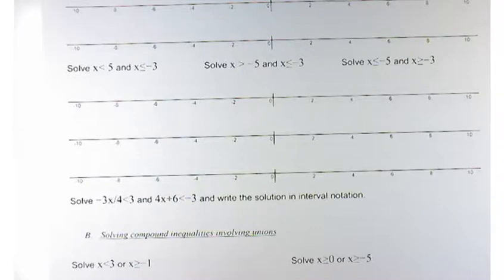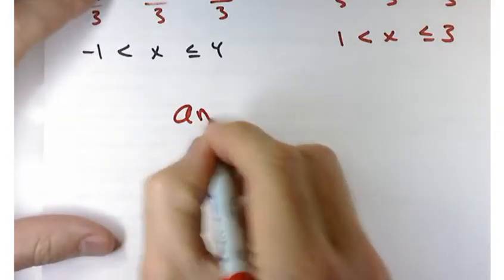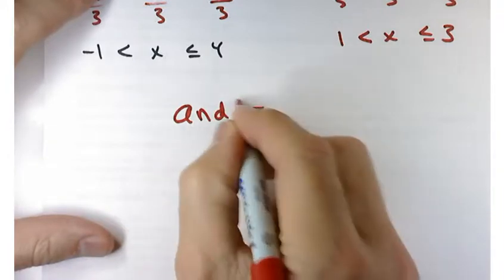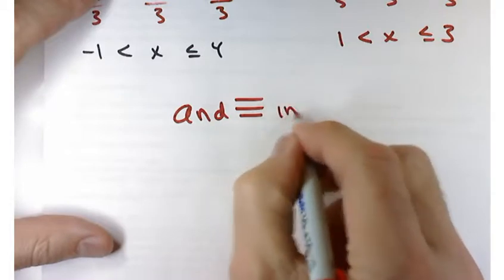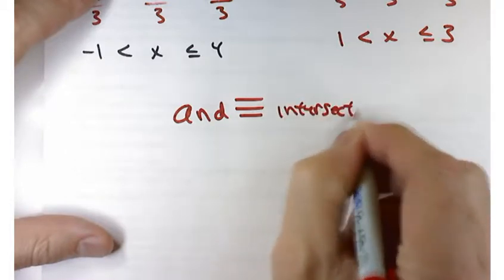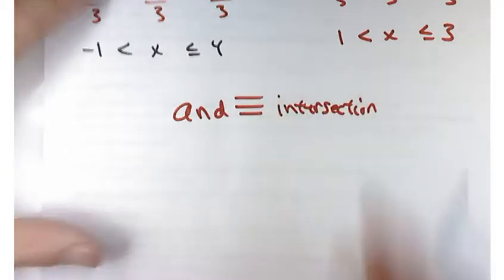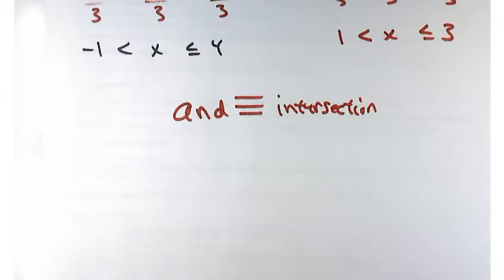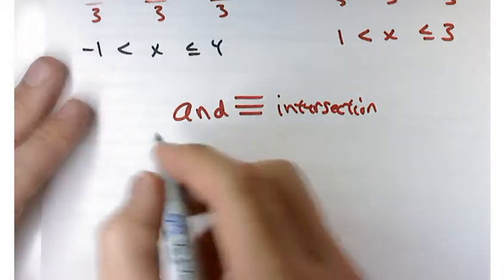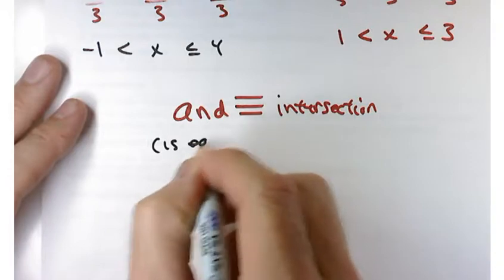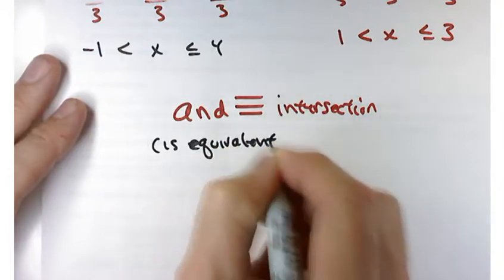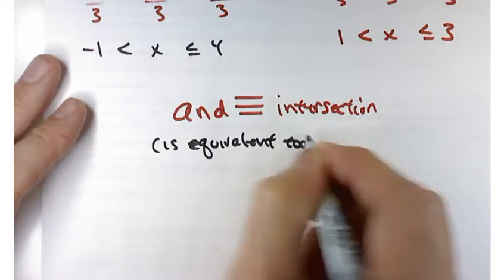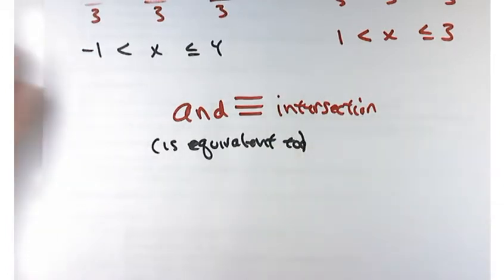So let me write it this way, with a triple equal bar. That means "and" is equivalent to intersection for us.